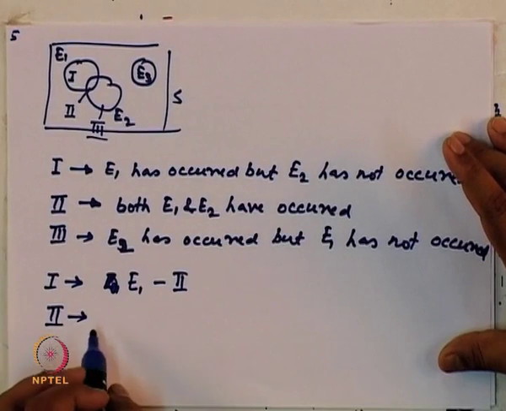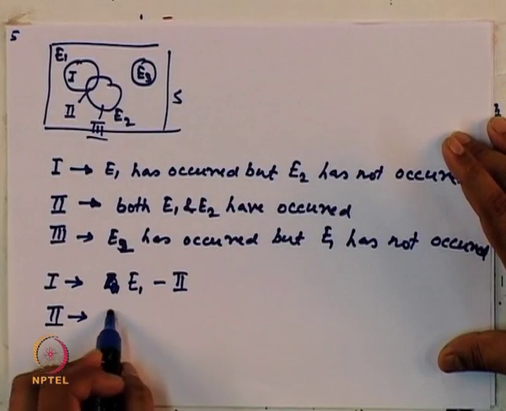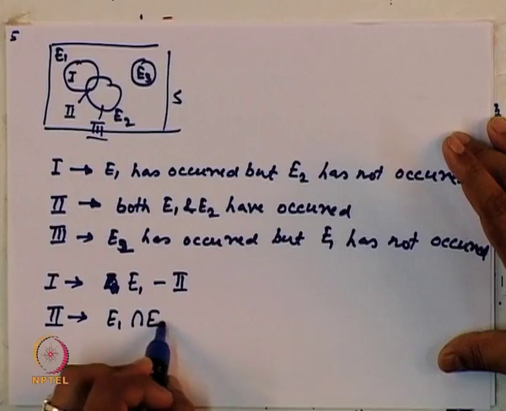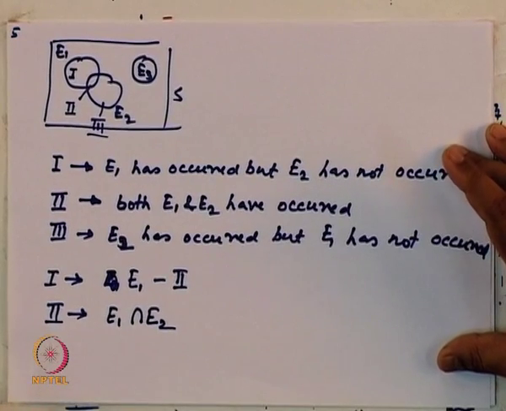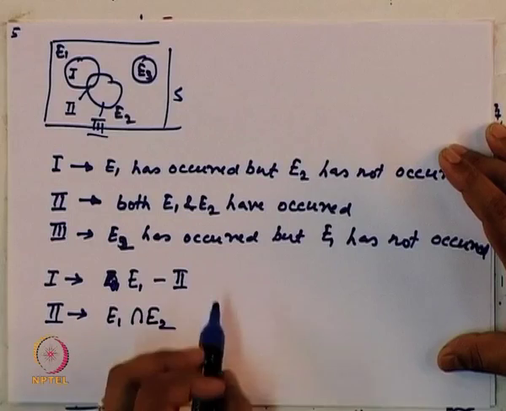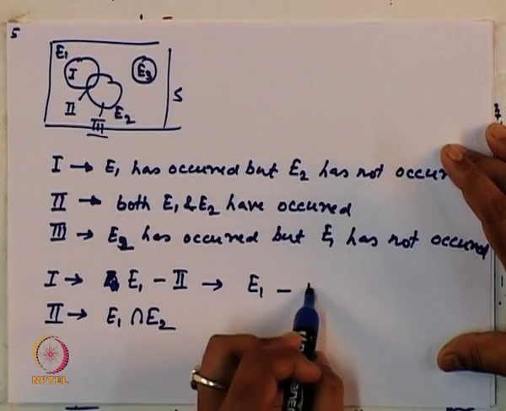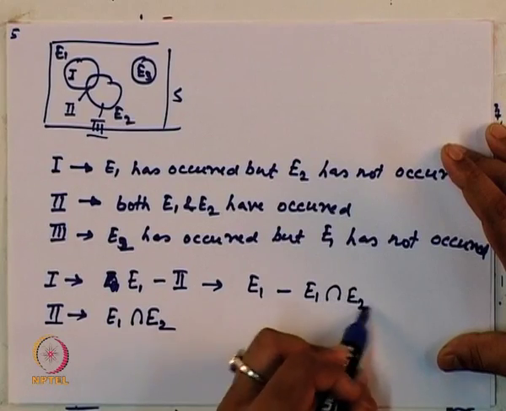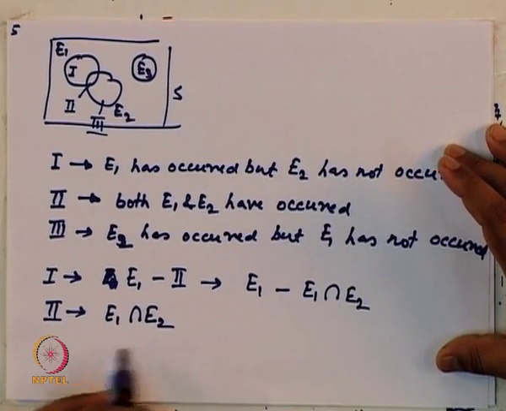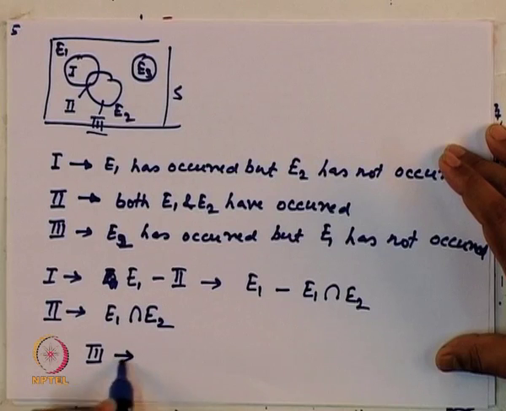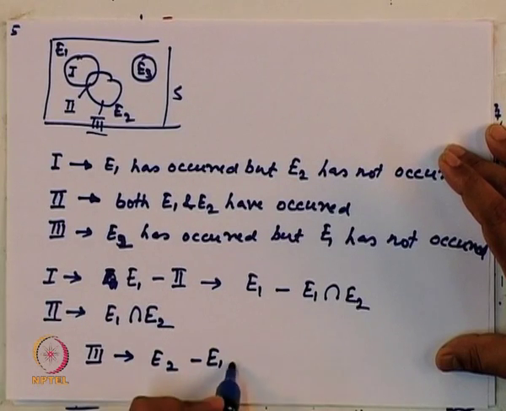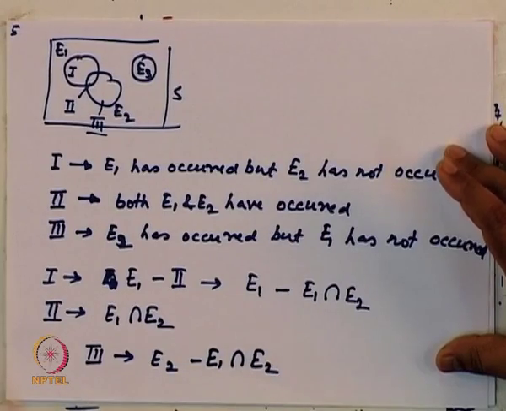Area 2 is nothing but E1 intersection E2. And so, area 1 becomes E1 minus E1 intersection E2. Similarly, area 3 becomes E2 minus E1 intersection E2.